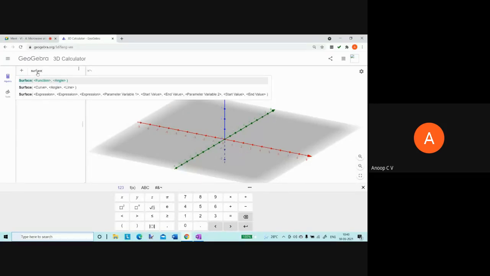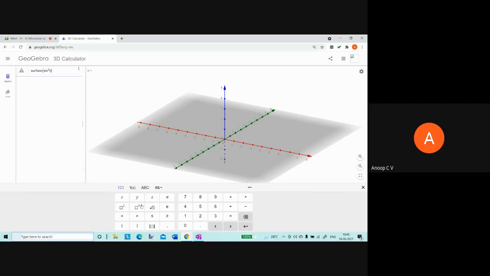Then the expression, x, y, and z values I should give. So it's sine square t into sine cube v. Sorry, I may take some time to type.